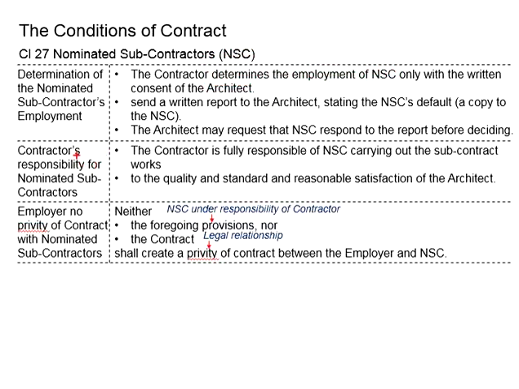Next, we talk about the contractor's responsibility for the nominated subcontractor. It says here the contractor is fully responsible for the nominated subcontractor in carrying out the subcontract work. The quality and standards should reach the reasonable satisfaction of the architect.